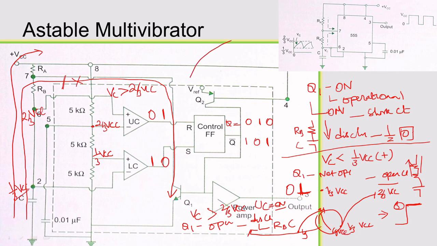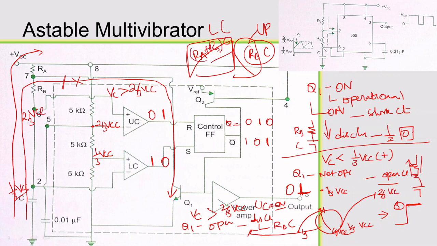During this period the lower comparator, during this period the upper comparator. So the discharging is because of RB into C, the charging is because of RA into RB into C. Okay, this is the logic of how your astable multivibrator is working.